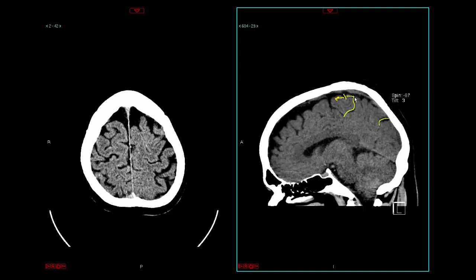Posterior to that is going to be your parietal lobe. The parieto-occipital sulcus is going to separate your parietal lobe anteriorly from your occipital lobe posteriorly. So you get a pretty good depiction of that on the sagittal imaging. You can probably vaguely make out a sulcus sitting right here. That's going to be the calcarine sulcus.